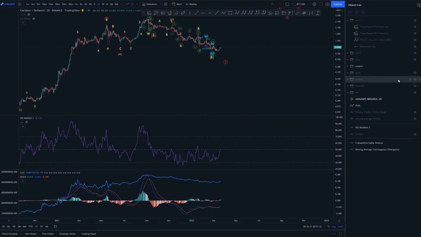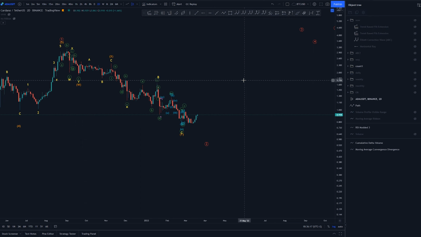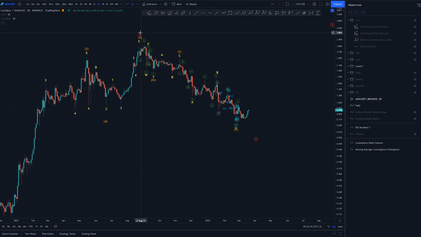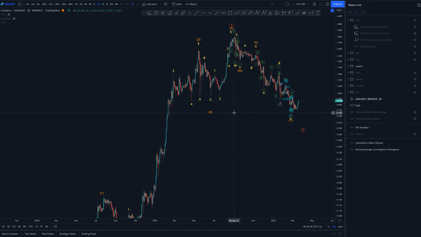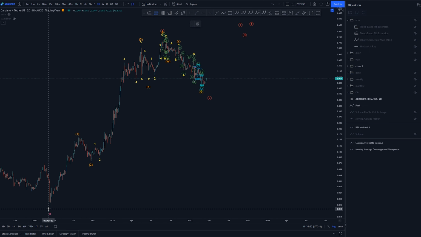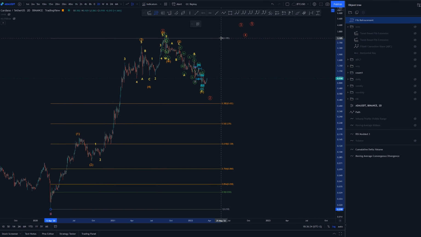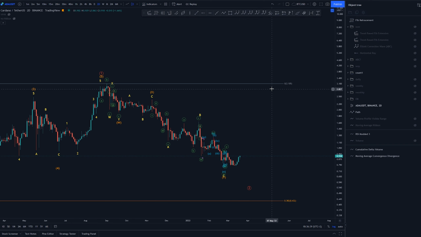So this is a count that I had presented last time on the previous video, saying that this top around August was the primary one, and then we were doing this primary 2 retracement. Now just by looking at the chart we can set some goals or targets for ADA.